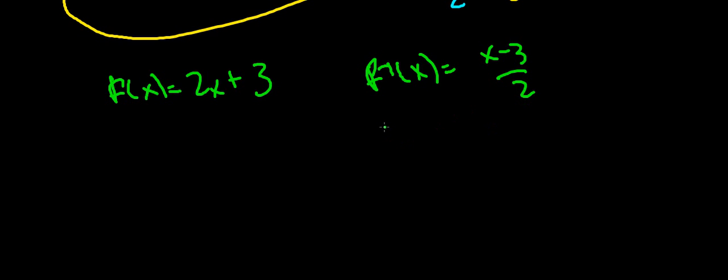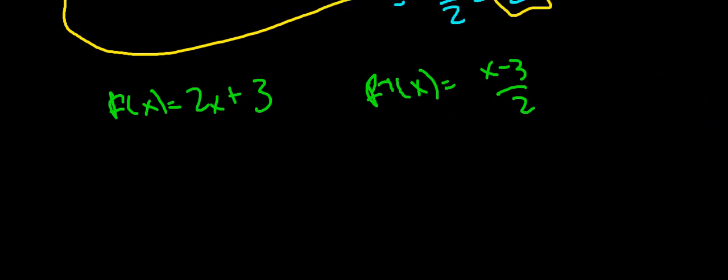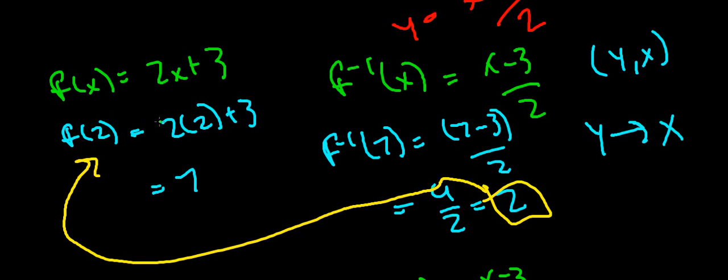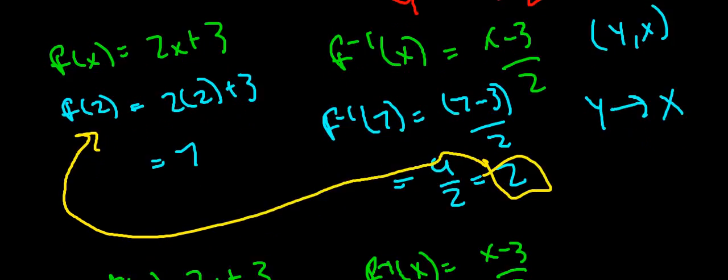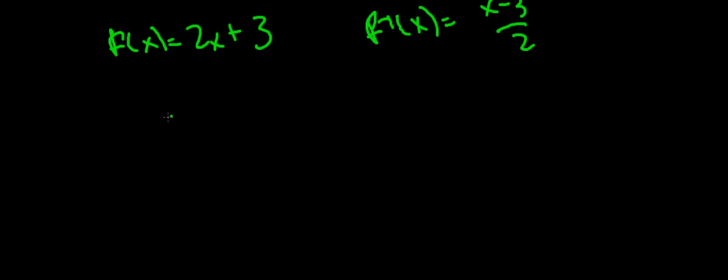Because f is the opposite of this. So what I should get is my x value back. So as we were saying, if this function gives me my y value, and then I put that y value in here, it should give me back my x value. So if I take f of x, and then I take the inverse of f of x, I should just get back my x value.